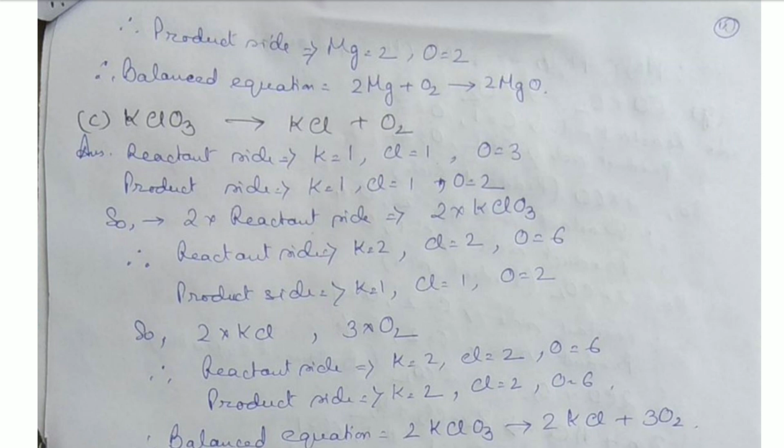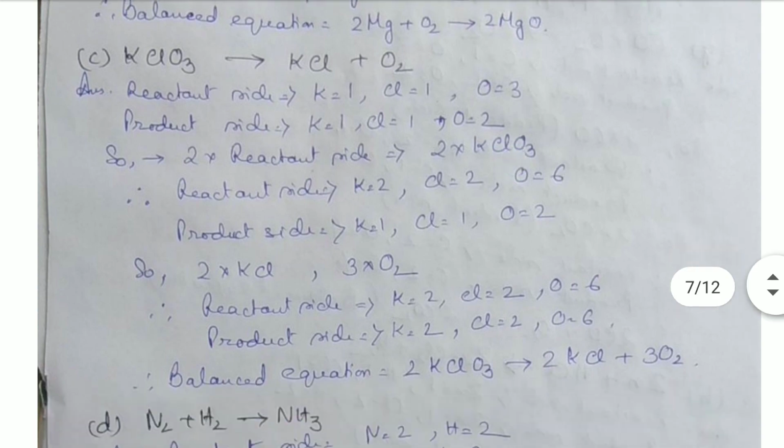We multiply it by 2, and that becomes 2 KClO3. So the reactant side becomes K2 Cl2 and O6. Now on the product side, K is 1, Cl is 1 and O is 2.